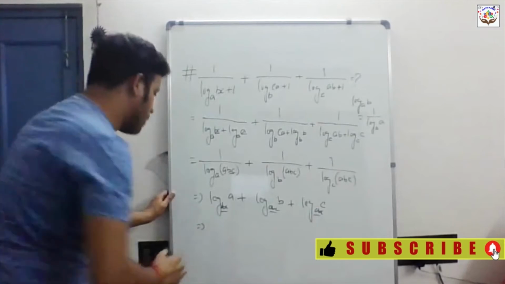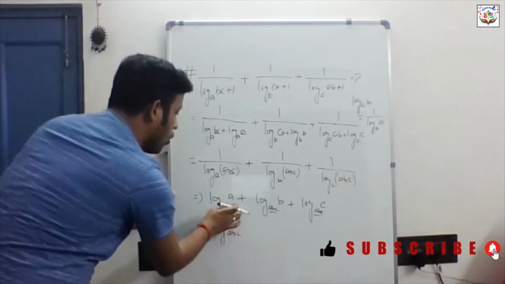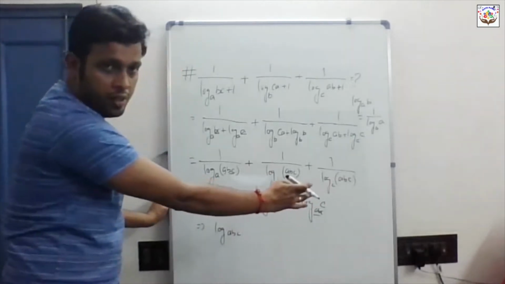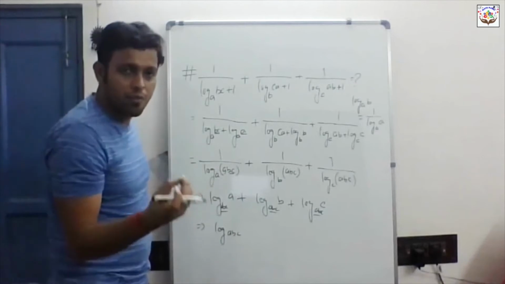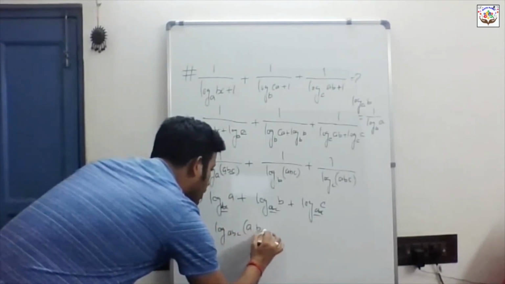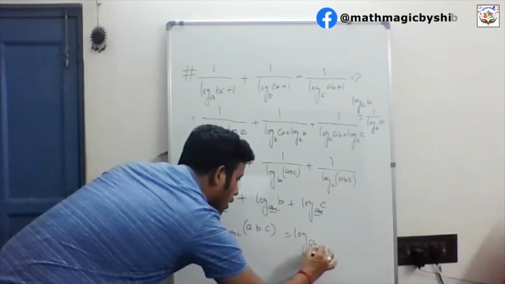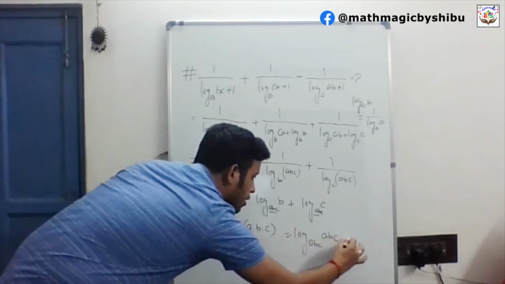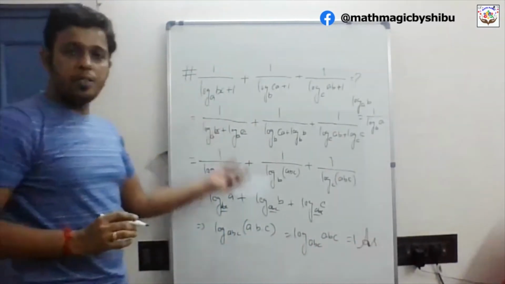If the bases are the same, then log a plus log b plus log c will be log of a into b into c, as per the standard formula of logarithm. So it will become log abc of abc, so the answer will become 1.